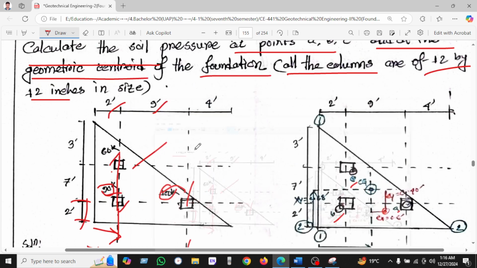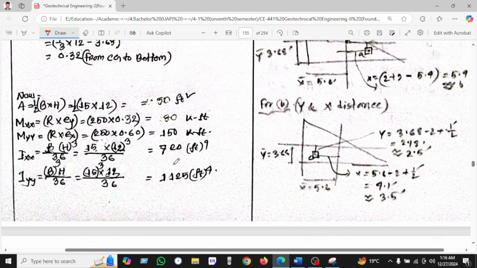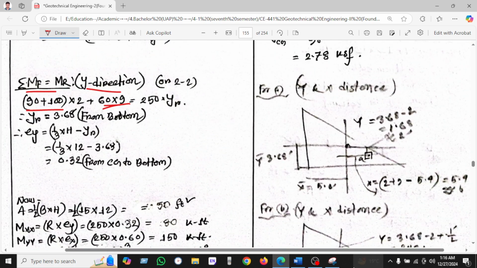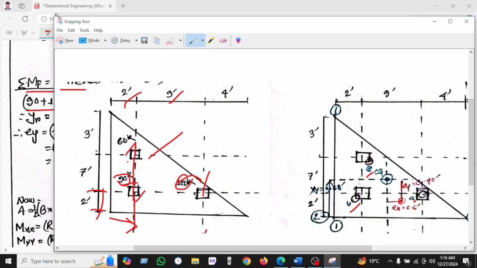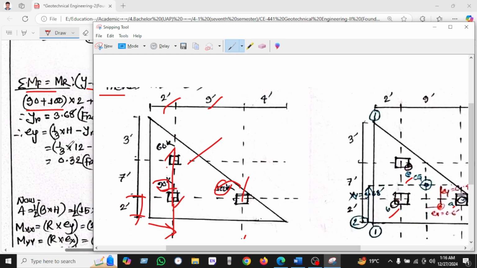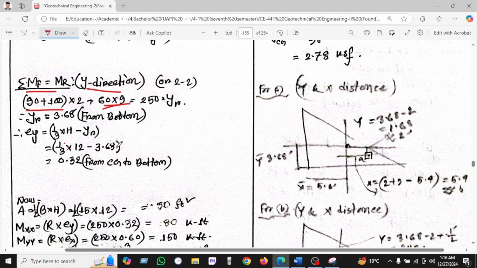So we have found 60 into 9. Here 60 into 9. Okay, this is the 60, and the distance between 9, 7 into 2, it will be 9. And found YR, which is 3.63 from bottom, and eccentricity Y equals H by 3 minus YR, which is 0.32.